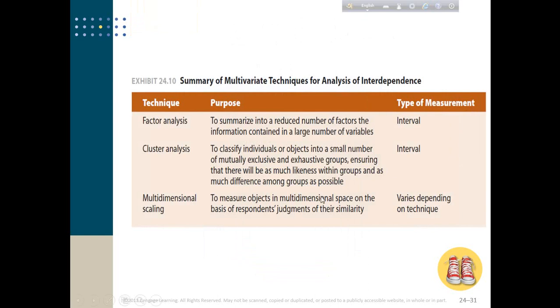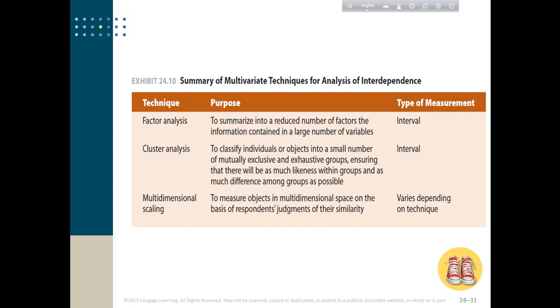This is a summary of the three interdependence techniques we have discussed in this and the last two videos: factor analysis, cluster analysis, and multidimensional scaling. To summarize, factor analysis reduces a large number of variables into some factors, and cluster analysis classifies individuals or respondents into a small number of mutually exclusive and exhaustive groups.